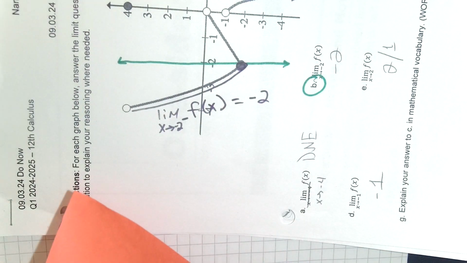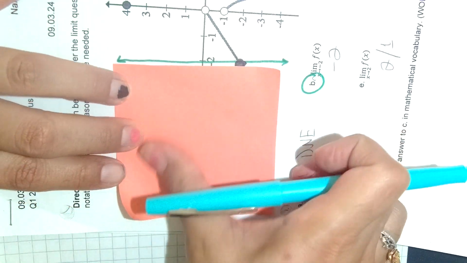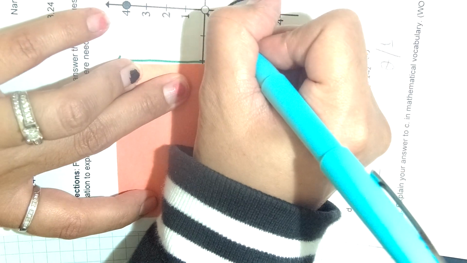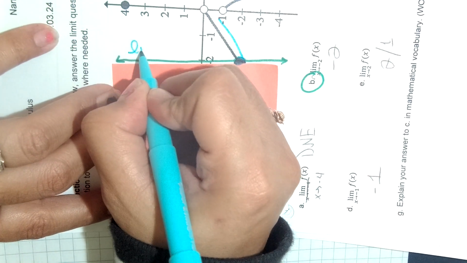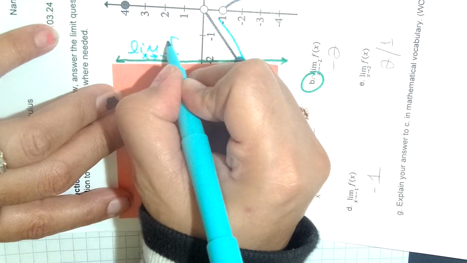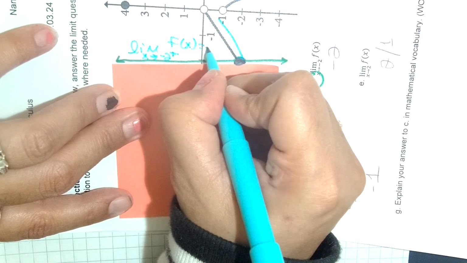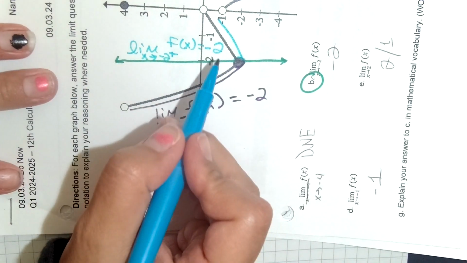Okay. Now we need to do the right side. So I'm going to go to the right. I get that number. So that's the limit as x approaches -2 from the right, which is -2. Are these two numbers the same?